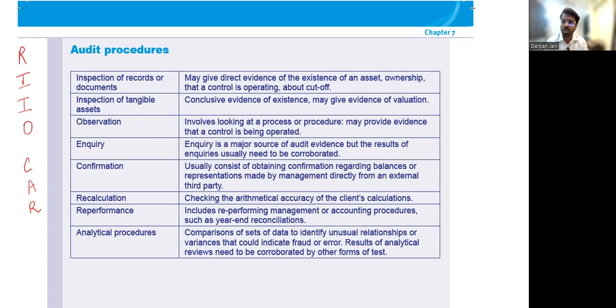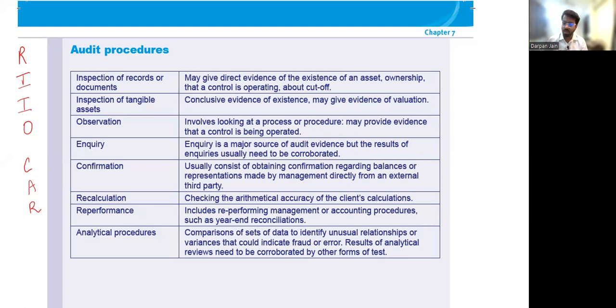Or, for example, let's say the company has purchased a piece of land in the last year. What is the evidence that you can get for that? The evidence that you can get for the purchase of land is the land deed or the land agreement.